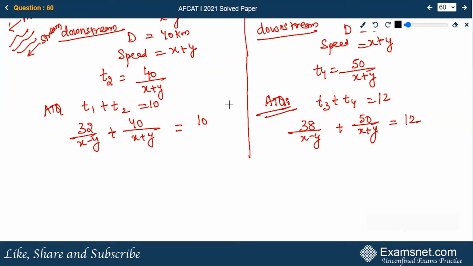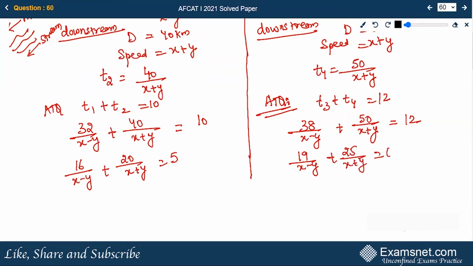Over here, let's take 2 common. Taking 2 common, you will have 16 upon x minus y plus 20 upon x plus y is equal to 5, and 19 upon x minus y plus 25 upon x plus y is equal to 6.